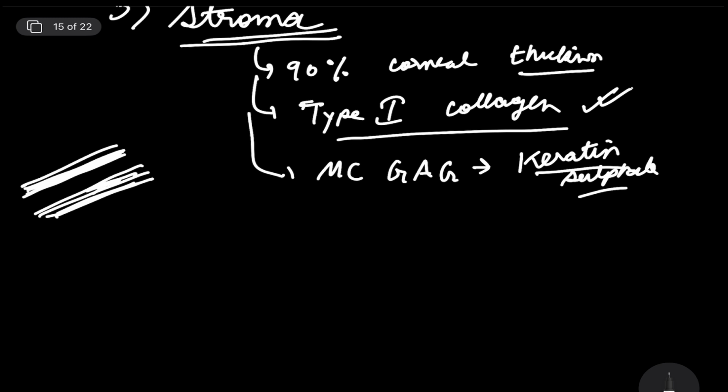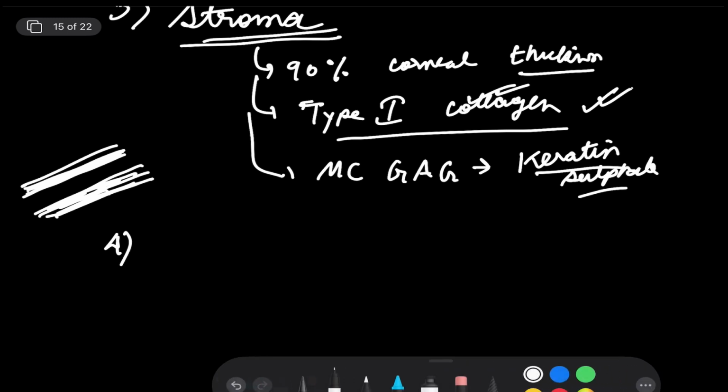Basically, the collagen fibers which make up the stroma of the cornea are arranged in such a way that they add to the corneal transparency. We'll talk about this in a bit more detail a little later. Just for now, remember that they are laid out in a fashion in which they add to the corneal transparency.